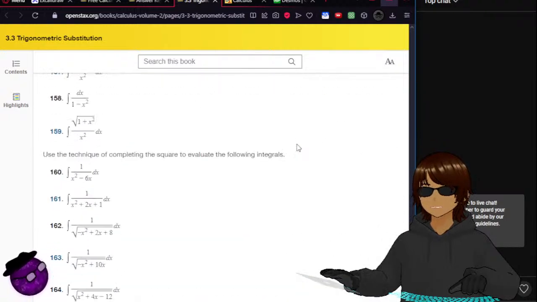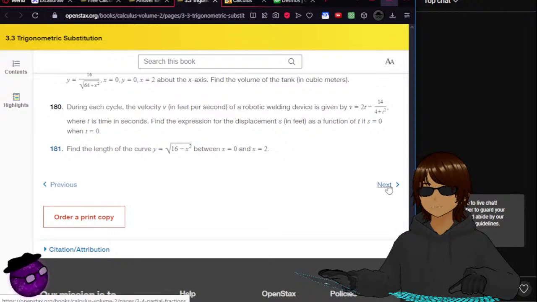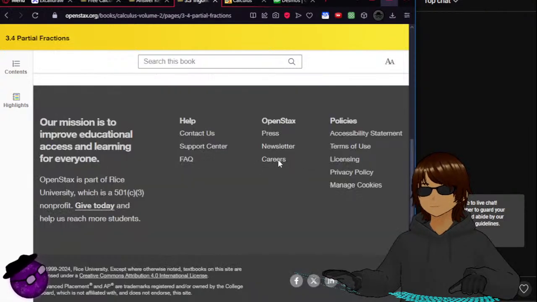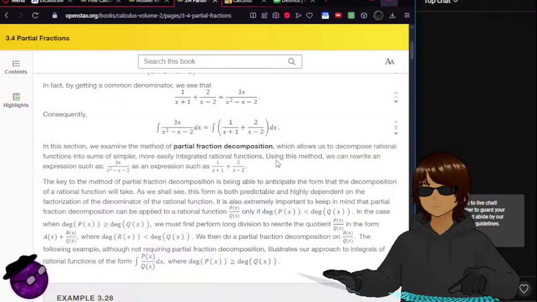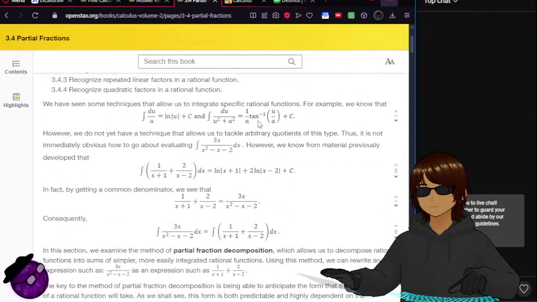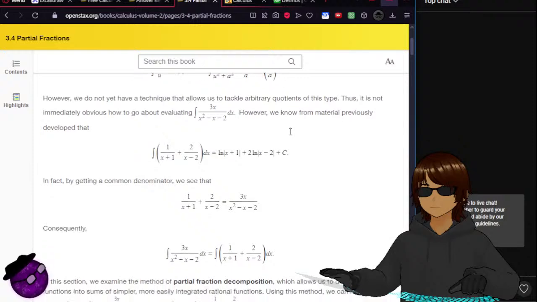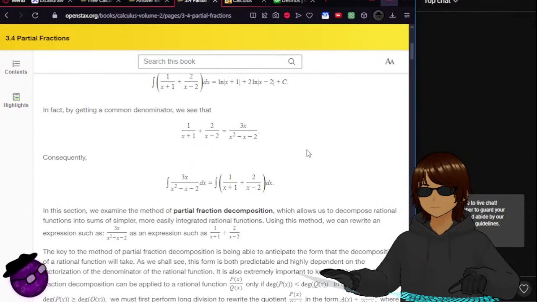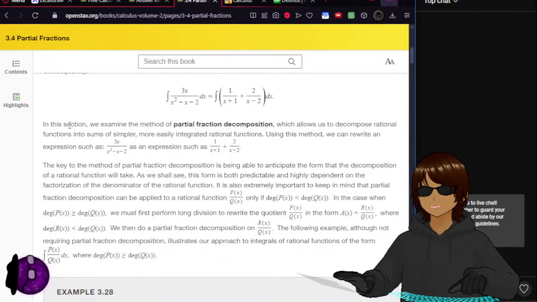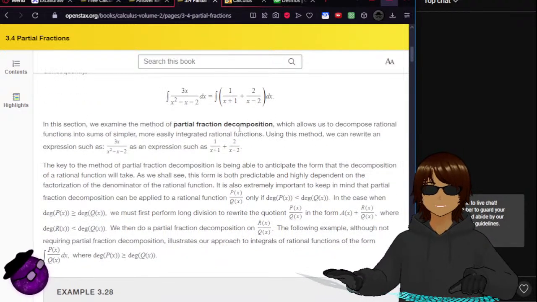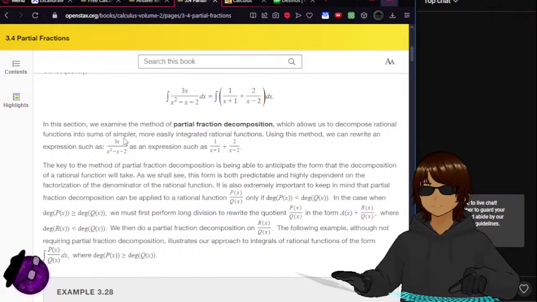Partial fractions. In this section, we examine the method of partial fraction decomposition, which allows us to decompose rational functions into sums of simpler, more easily integrated rational functions.